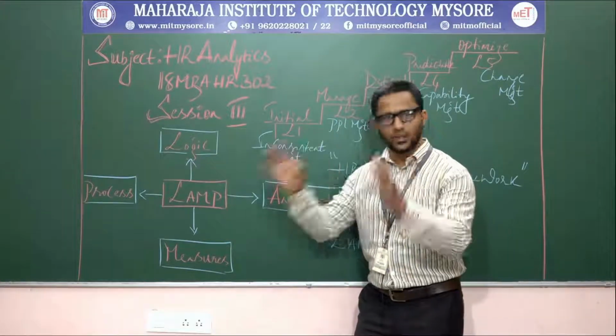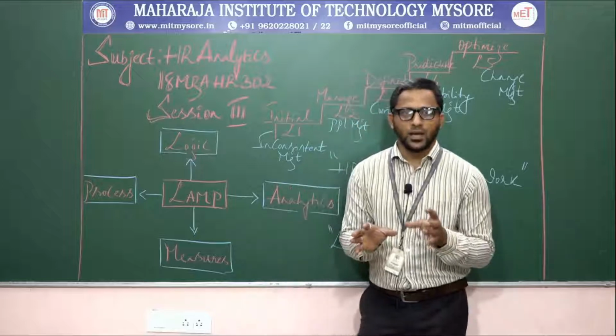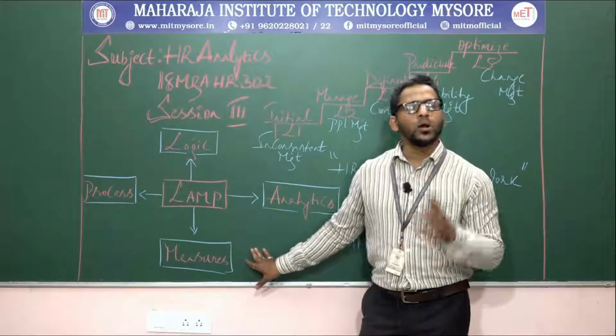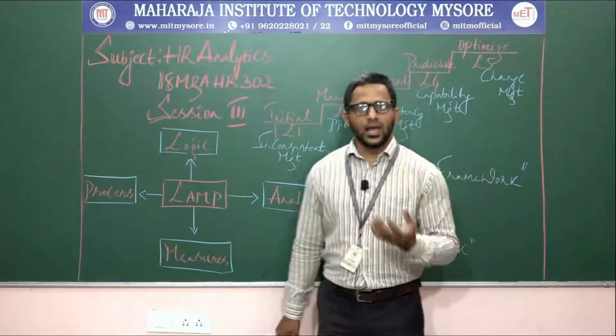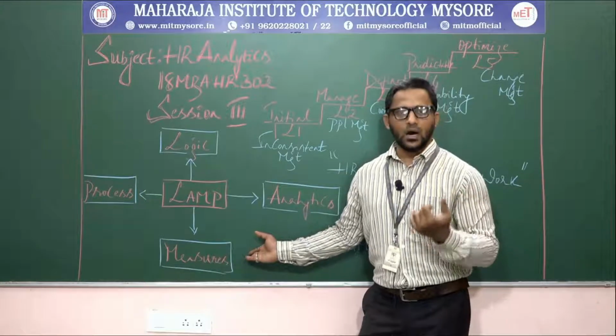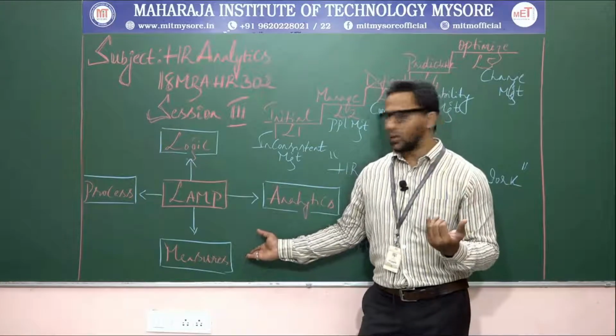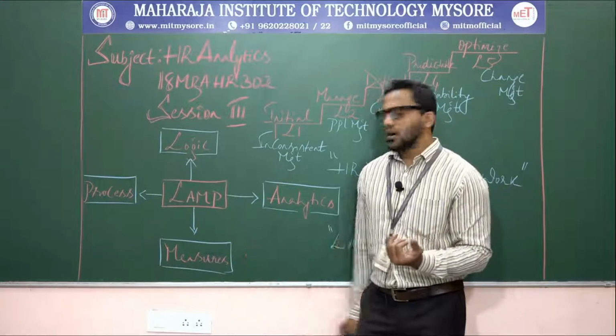When I say I'm measuring my HR activities, that means it's most feasible. For example, employee turnover, yes, I've got a formula. Absenteeism, yes. Recruitment, yes. Like this, we can measure, taking these as examples.